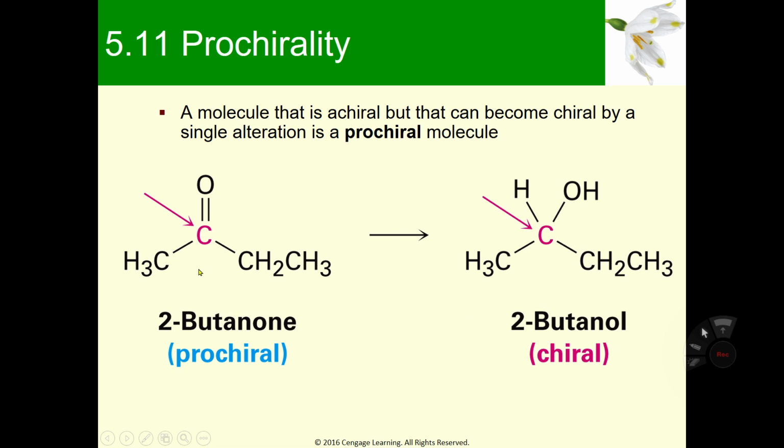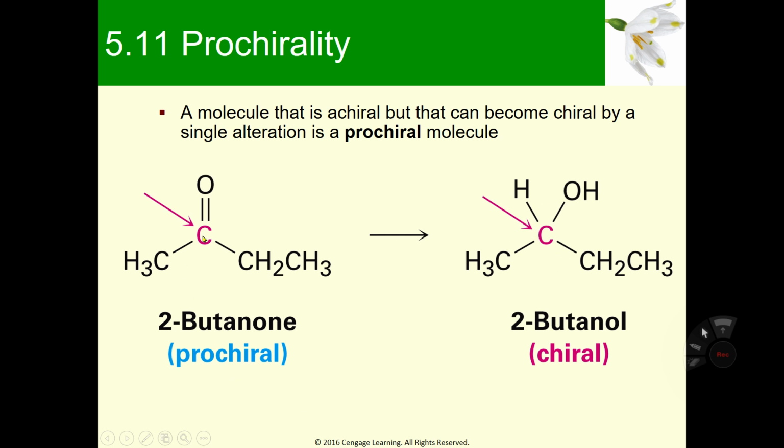Prochirality. This is sp2. So it's not sp3, so we cannot define the chirality of this carbon. Actually this carbonyl carbon is not chiral. However, if you break this pi bond, this double bond, and convert it into here, then this becomes chiral, right?